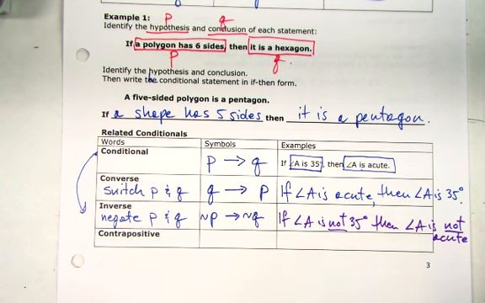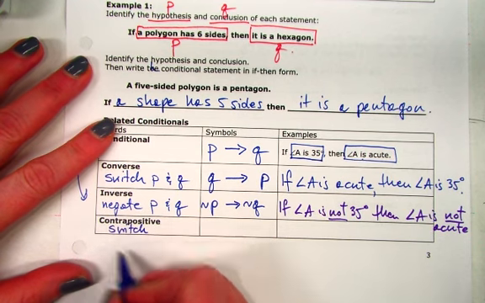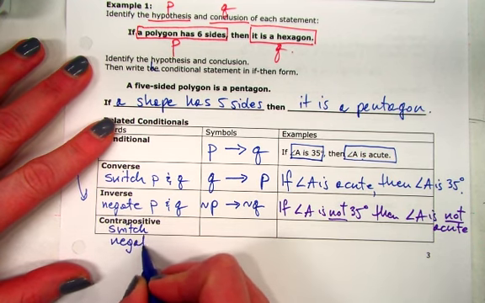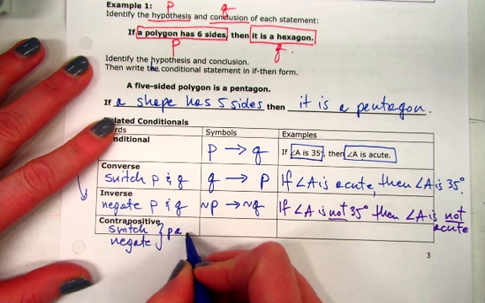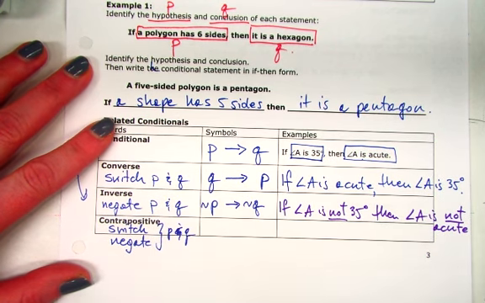And then for the last one, for the contrapositive, you switch the order and you negate P and Q. So it's kind of like a combination of these two. So you got to switch it and negate it.